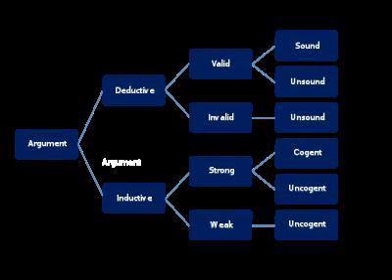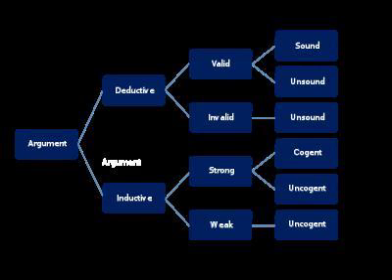So, for a valid argument, if the premises are true, the conclusion has to be true. It just follows logically. If one of the premises are false, though, that will probably lead you to believe that the conclusion is also false. But technically, the logical operation at work here is this top point.